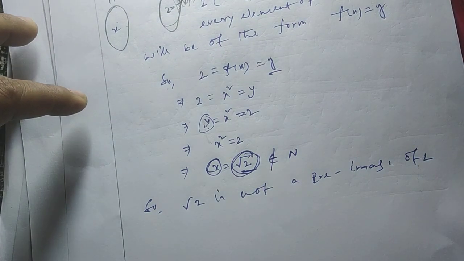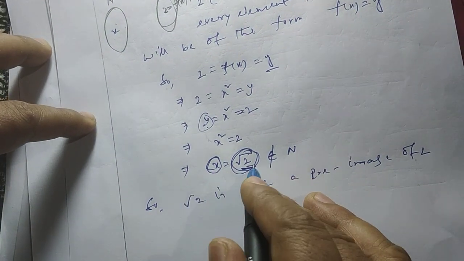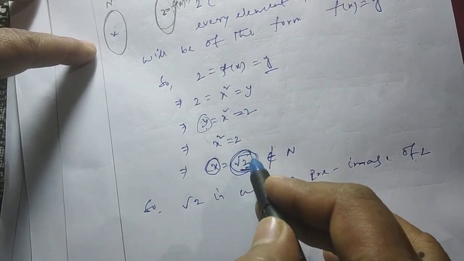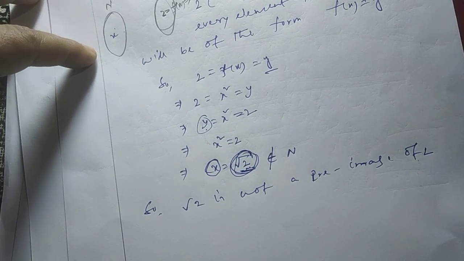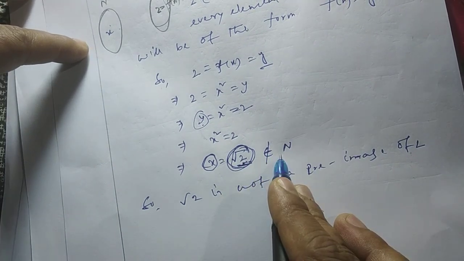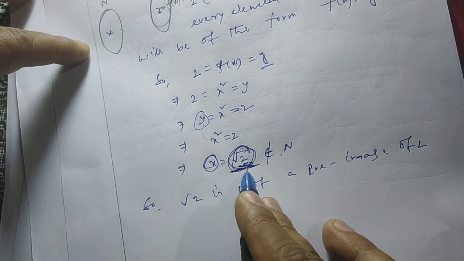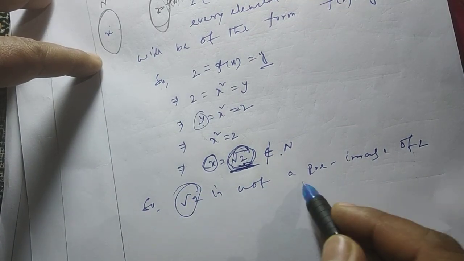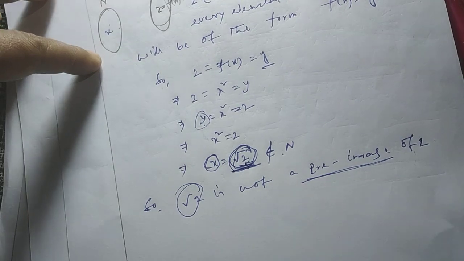Once again I am saying, because it is very very important to take the decision. Ultimately we got root 2 is the preimage of 2. But root 2 does not belong to natural number because it is an irrational number. So in that case we can say that root 2 is not a preimage of 2.